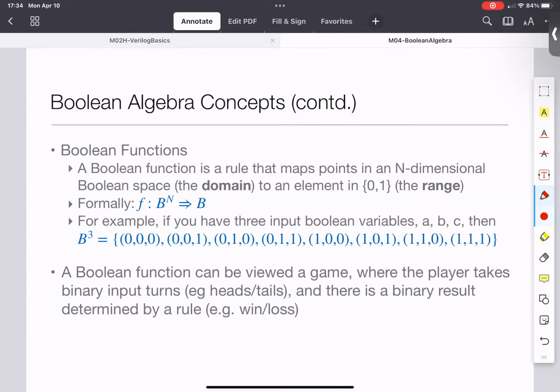In the textbook, one way they think of it is that you can think of a Boolean function as a game, and each input variable to the function as representing a player, who gives an input, head or tail, and then depending upon that, there's a binary result which tells whether they won the game or lost the game.